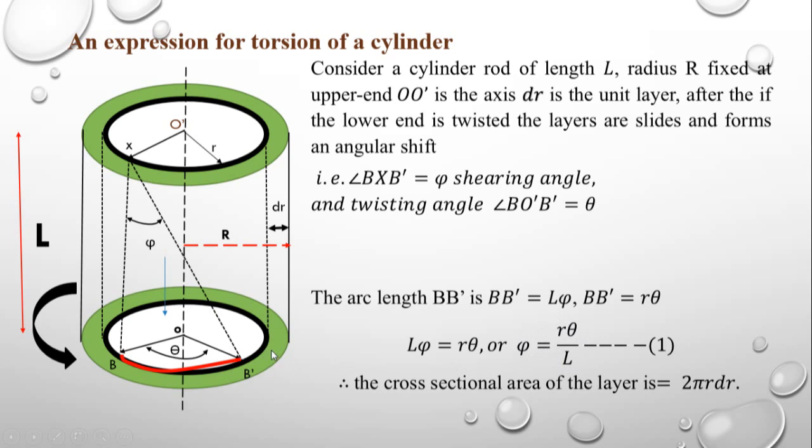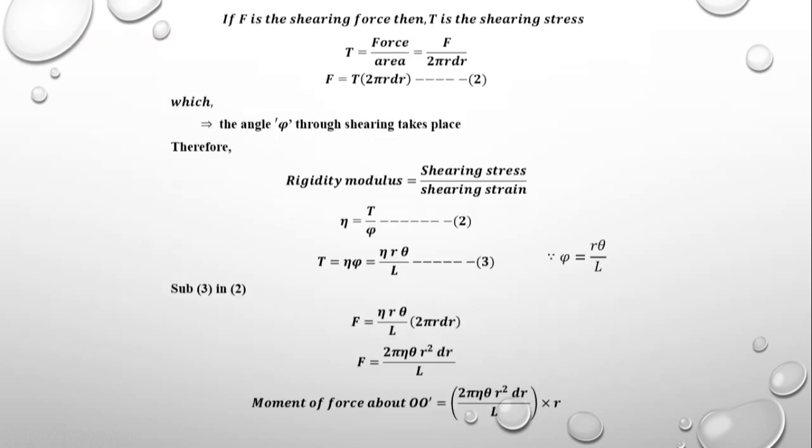Then the cross sectional area of the elemental region, that is dA, is equal to 2 pi r into dr. 2 pi r is the circumference of the circle, dr is the elemental width. In the next slide we shall look at the order of shearing force and shearing stress.